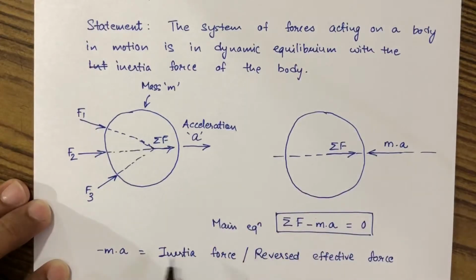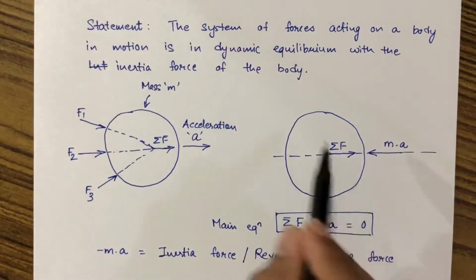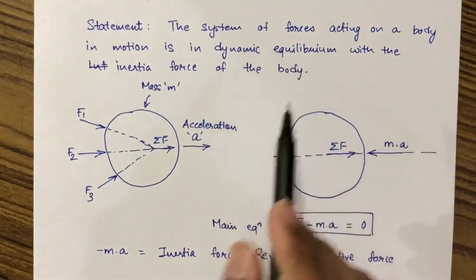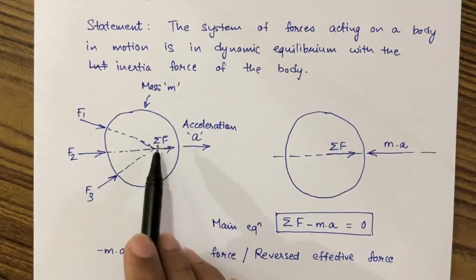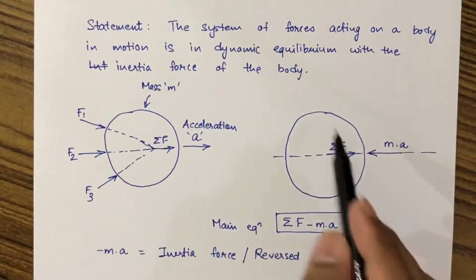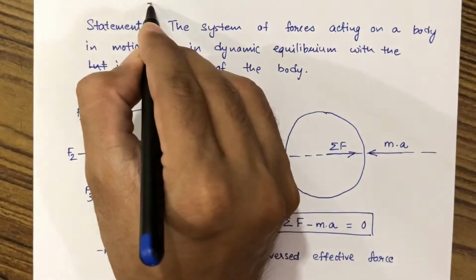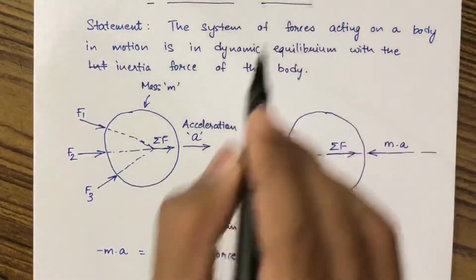The body will be in dynamic equilibrium under the action of this external force summation F and the reversed effective force. So this principle is called D'Alembert's principle.